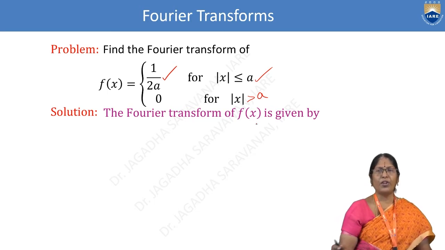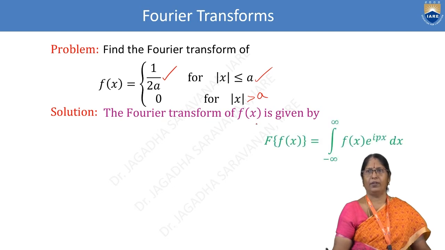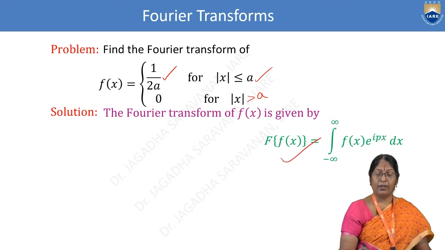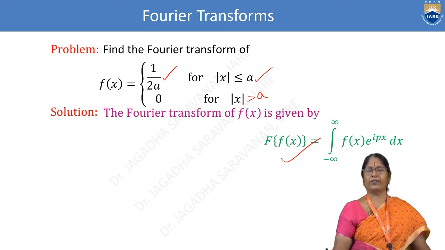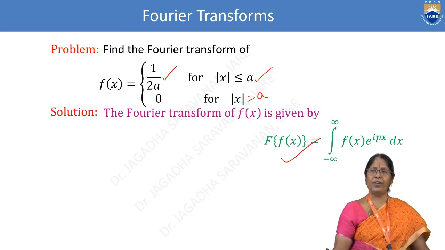First, the Fourier transform of f of x is given by the formula which we have written, that is, the integral from minus infinity to infinity of f of x e power ipx dx.